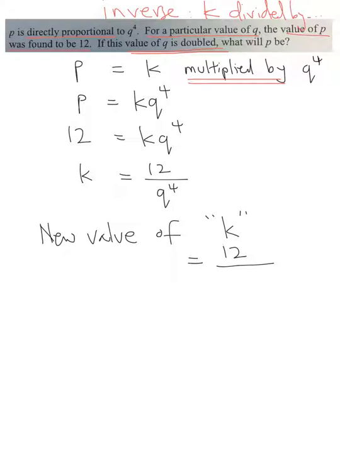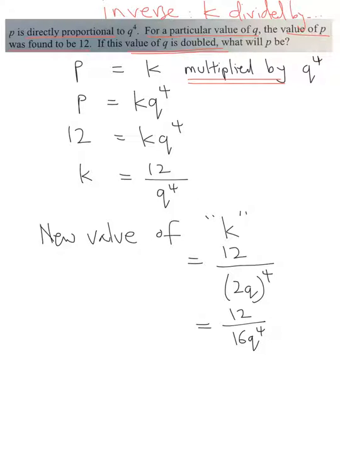Now when q is doubled, from the q here, it actually becomes 2q. This power 4 will be attached to this 2q, and when you simplify, it becomes 12 over 2 to the power of 4, which will give you 16 q to the power of 4.